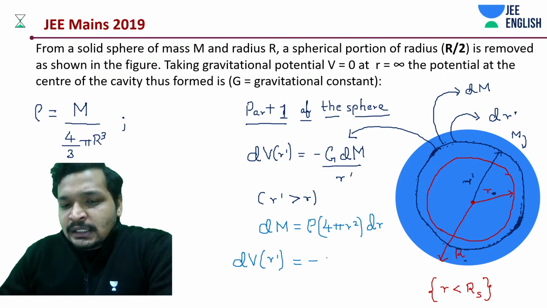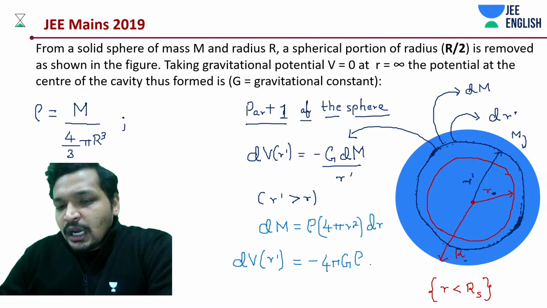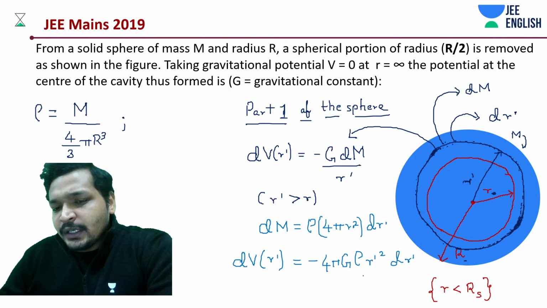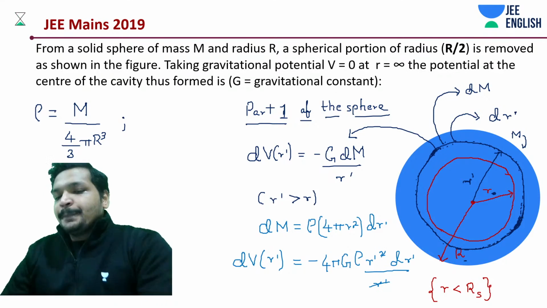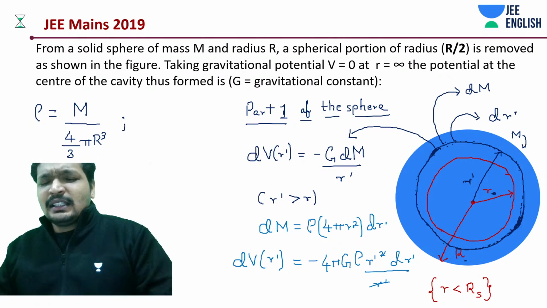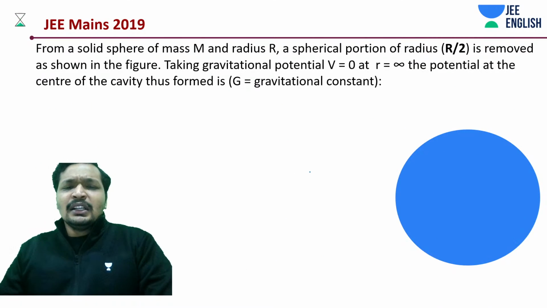It's going to be minus 4 pi G rho, actually it's going to be r dash square dr dash. Let's keep it as r dash everywhere, divided by r dash. r dash gets cancelled. This is actually an easier part.